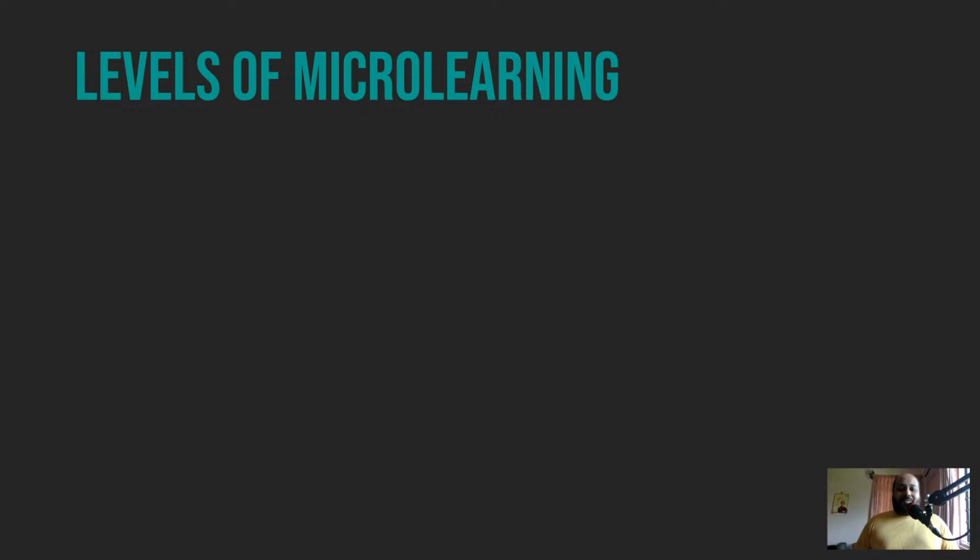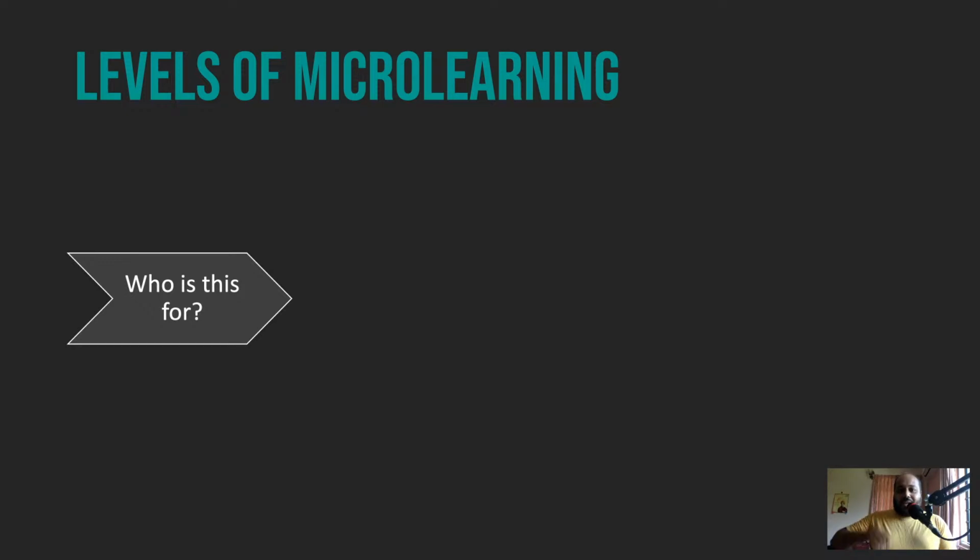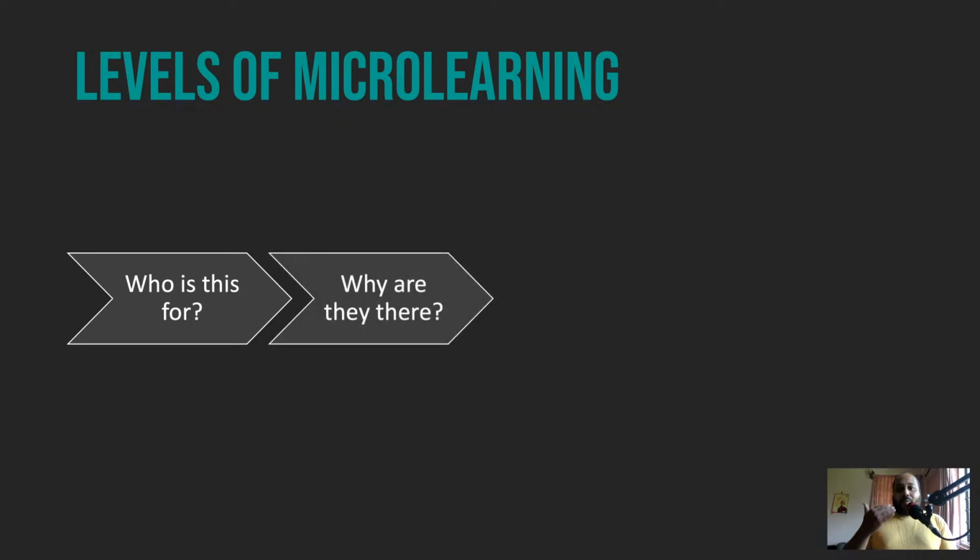So when you say levels of micro learning, it basically starts with who is this for, right? So always start with your target audience. Whenever you're going to conceptualize a micro learning piece, your first point of reference to pin your idea is to understand who exactly your audience is. And once you have identified that, you need to understand why they are here.